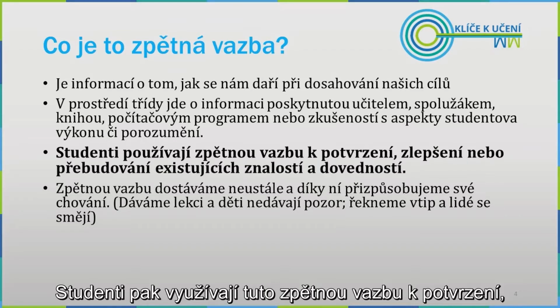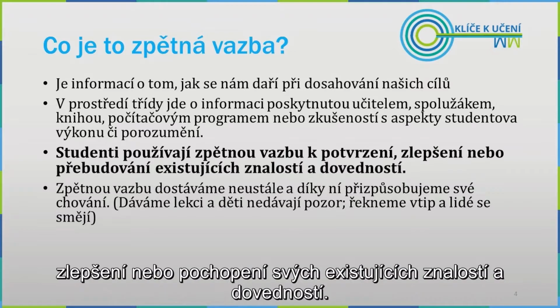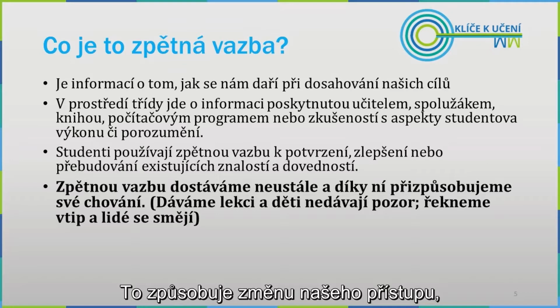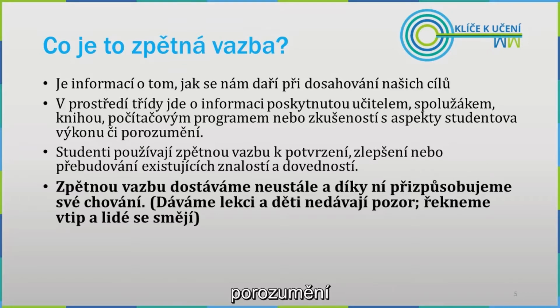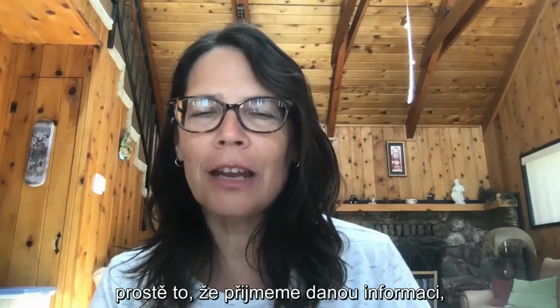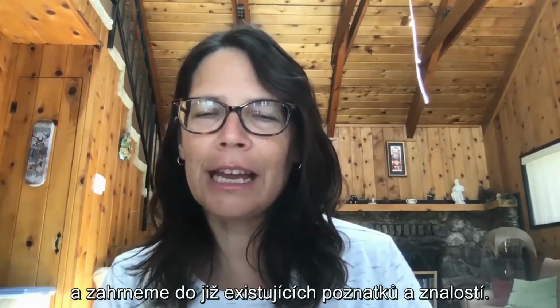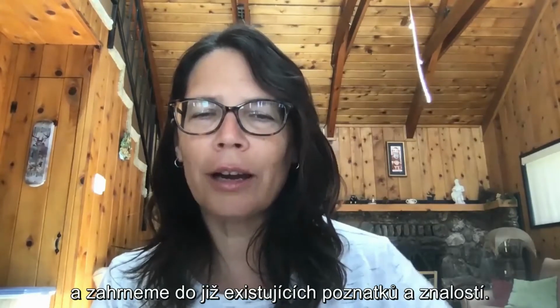Students then use that feedback to confirm, improve upon, or restructure their existing knowledge and skills. So feedback is happening all the time, and it causes us to adjust our approach or adjust our understanding, and to take information in and to synthesize it and integrate it into our existing information.